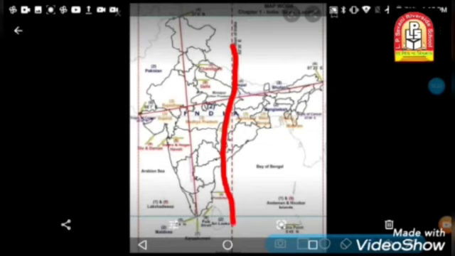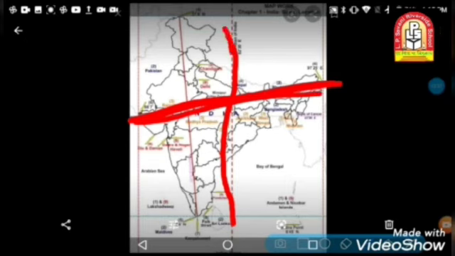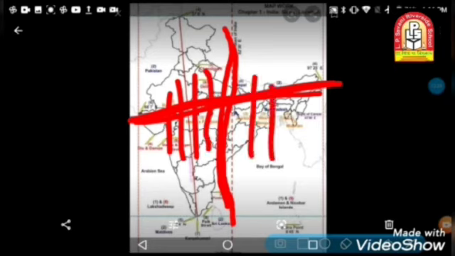Between this extent, from Gujarat to Arunachal Pradesh, it has been divided into two equal halves, that is 15 longitudes here and 15 longitudes here. So the center part, the time which is here, is common for the whole India.